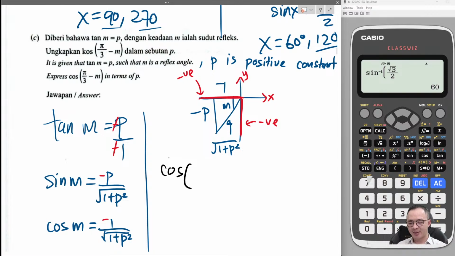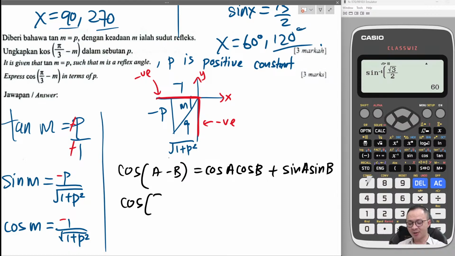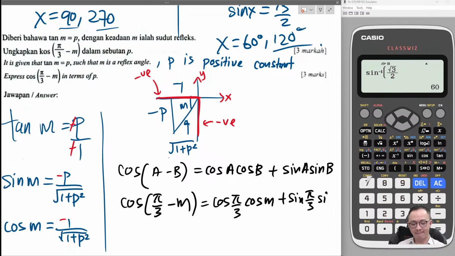Okay? Now we can start to do. Cos A minus B, formula is what? Cos A cos B plus sin A sin B. Because here I see cos of pi over 3 minus m. Assume pi over 3 is A, assume m is B. Then I'll insert into this formula. So cos pi over 3 cos m plus sin pi over 3 sin m.